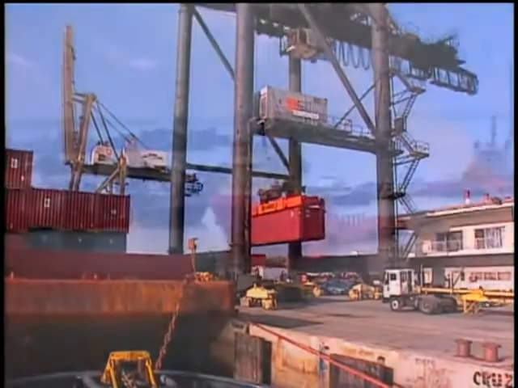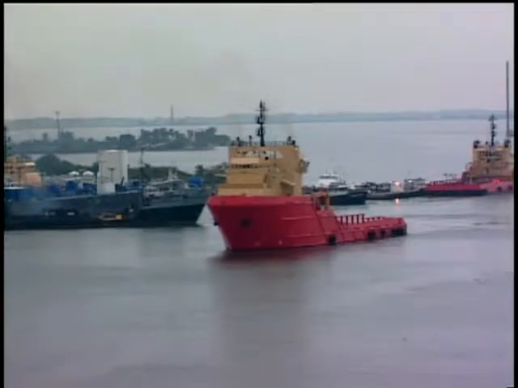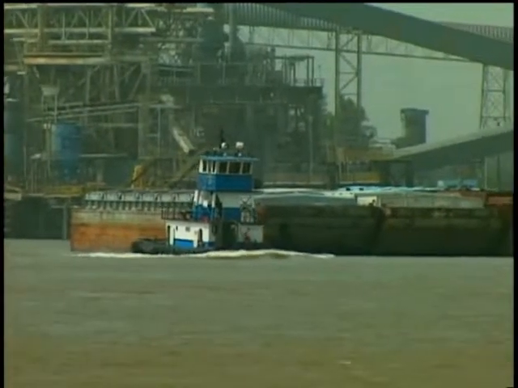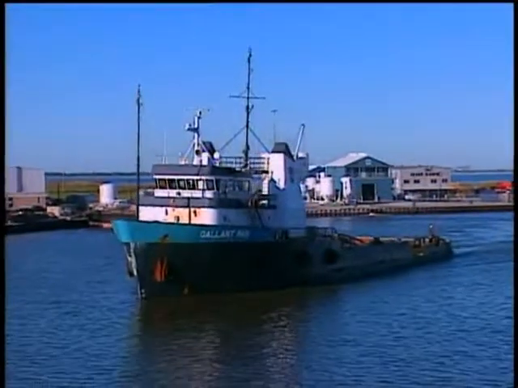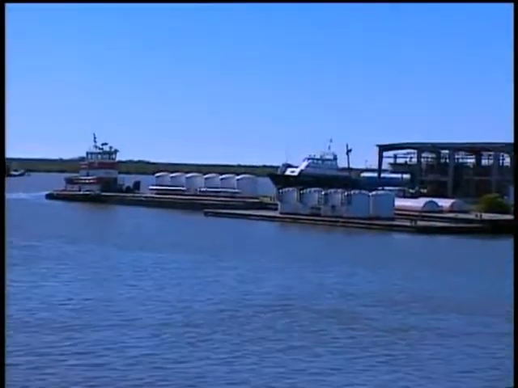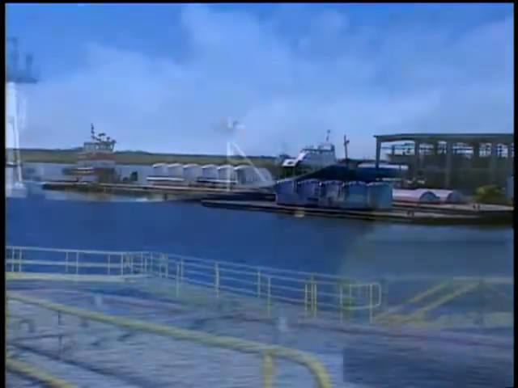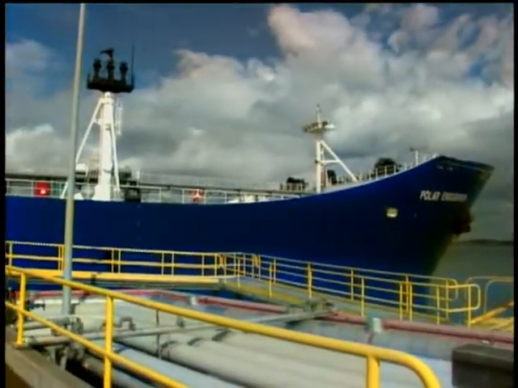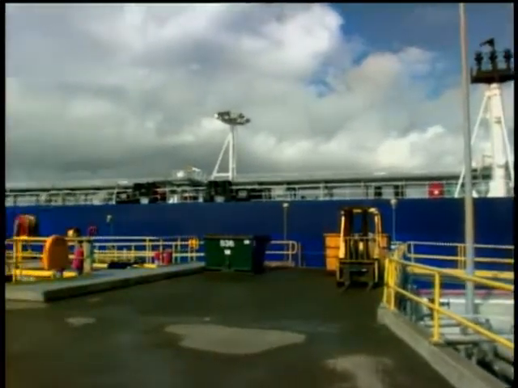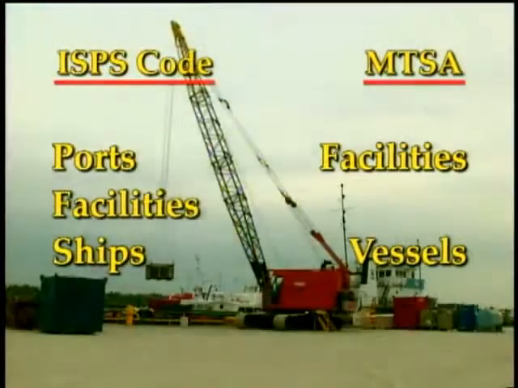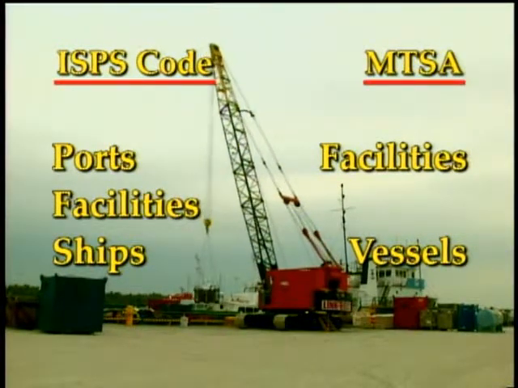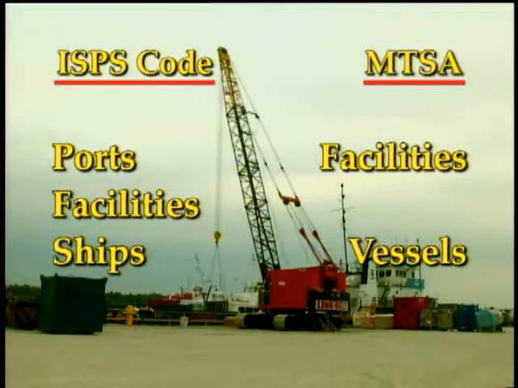For those users who are regulated by the U.S. Maritime Transportation Security Act, MTSA of 2002, you should be aware of some differences in nomenclature between equivalent ISPS code and MTSA positions and functions. You should keep the following in mind when listening to these tapes. The ISPS code refers to ports, facilities, and ships, while the MTSA refers to facilities and vessels.